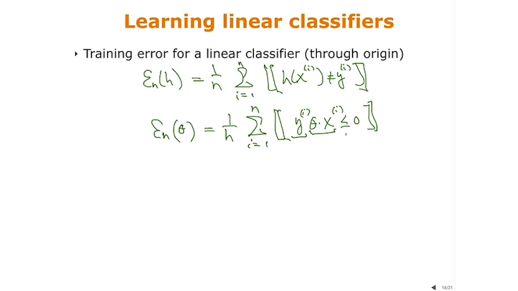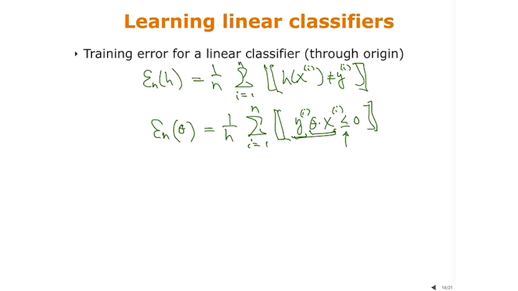And note that when this is exactly 0, if the example lies exactly on the linear boundary, we count that as an error, since we don't know which way we should really classify that point.